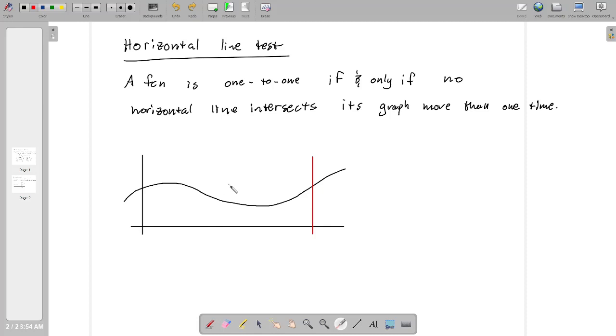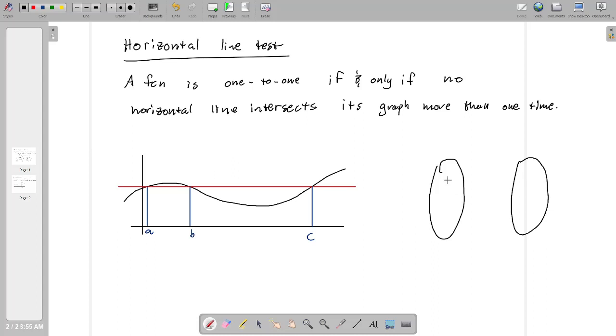Well, one-to-one functions are sort of the opposite direction of that. Instead of looking at the x values to determine if it has exactly one output, now we're looking at the y values to determine if exactly one element maps to that y value. So here, we can see that there are actually three different x values that map to this y value. So we'll call these three x values a, b, and c.